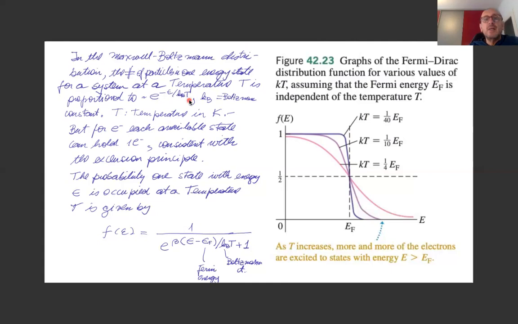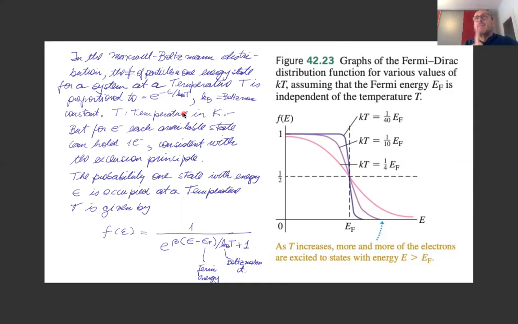This is the way it's done in an ideal gas. Okay, so if the whole system is at a certain temperature, we can actually think of this as an electron gas, because electrons are flying around and they don't interact with each other.